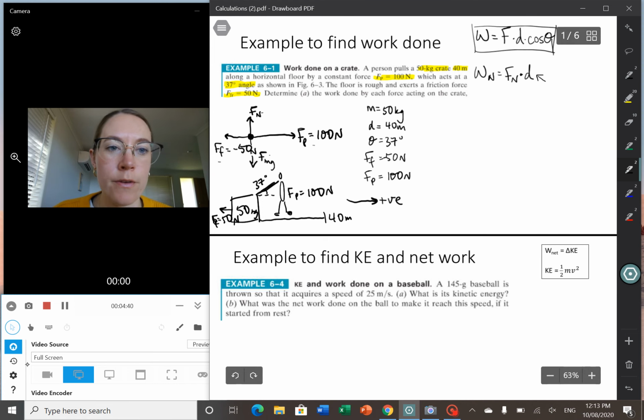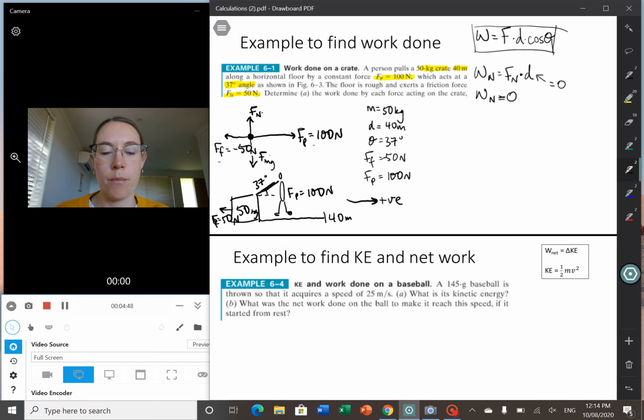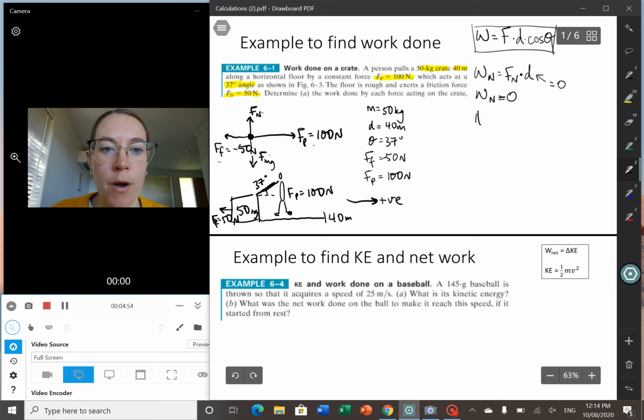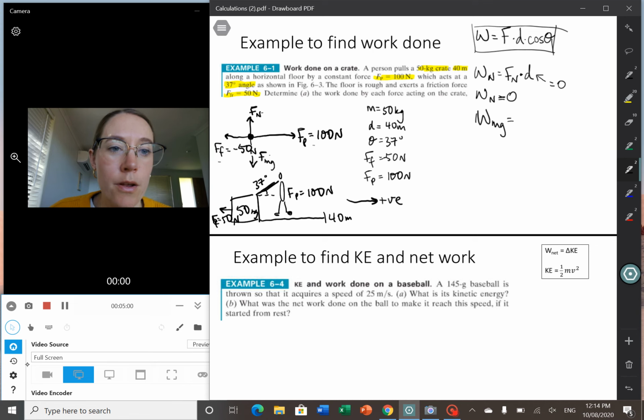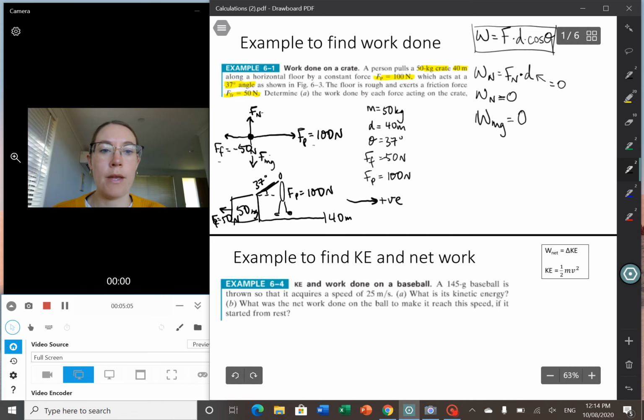So if distance is equal to 0, then the work being done by the normal force is also equal to 0. And I can say the same thing about work being done by mass times gravity. The crate isn't falling through the floor, which means that the distance travelled is 0, which means that the work being done is also equal to 0.